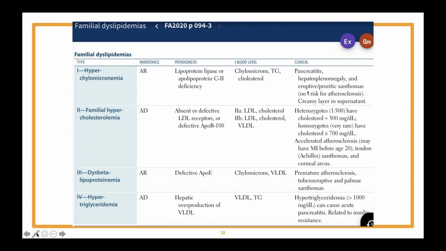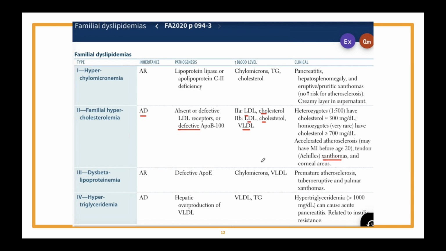It can be due to either abnormal LDL receptors or defective apolipoprotein B100. In this case, that's what we were given, apolipoprotein B100, so that's the best answer here. In this condition, you have elevated LDL and cholesterol, so you can have early heart attacks. You can have cutaneous manifestations of high cholesterol, so xanthomas, xanthelasmas, things like that.